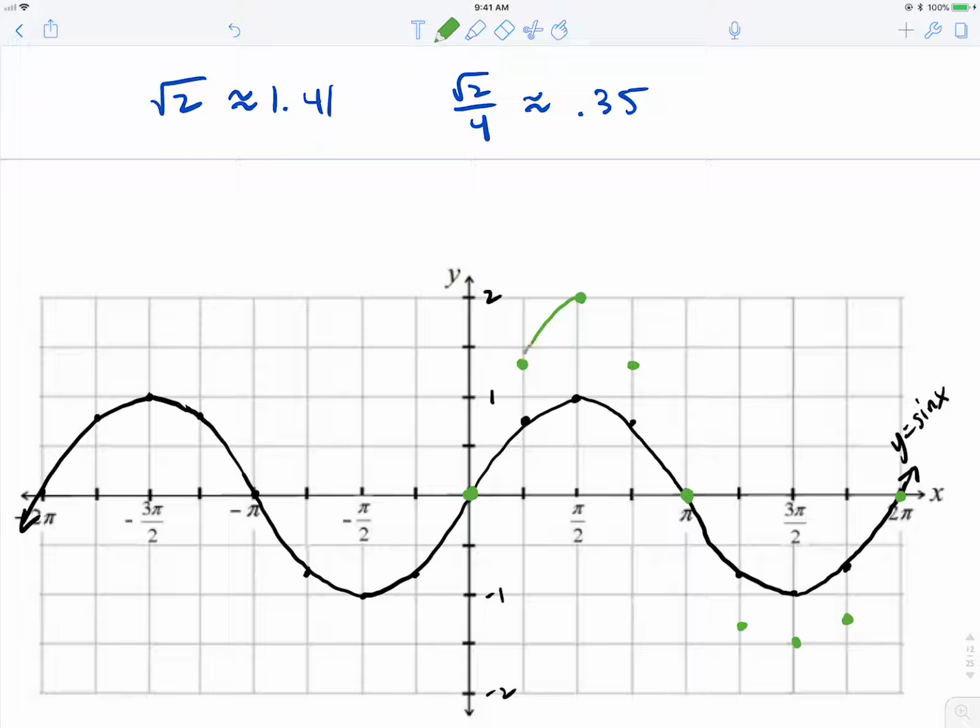So you can graph one full period, and then extend the graph as needed.